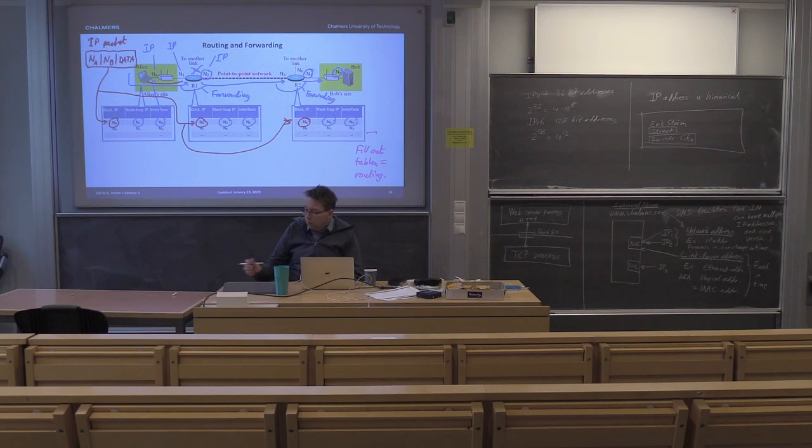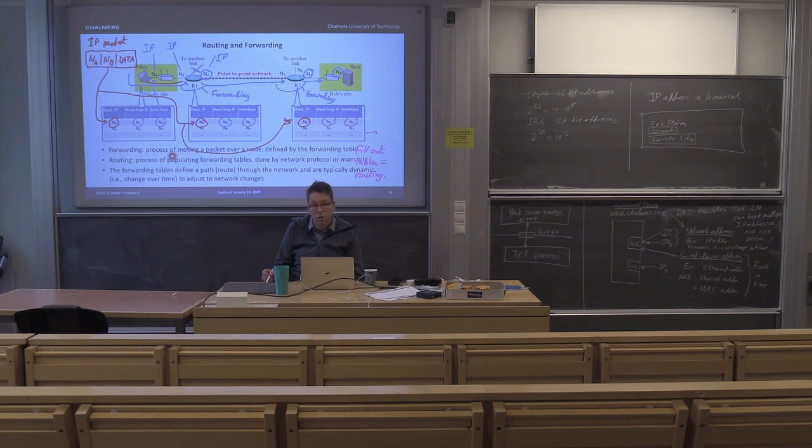Okay. So, sorry for the mess here. Forwarding is the process of moving a packet across a router, from one input to another output, and it's defined by the forwarding table. Routing is the process of populating the forwarding tables, and that's done by the network protocol or manually.